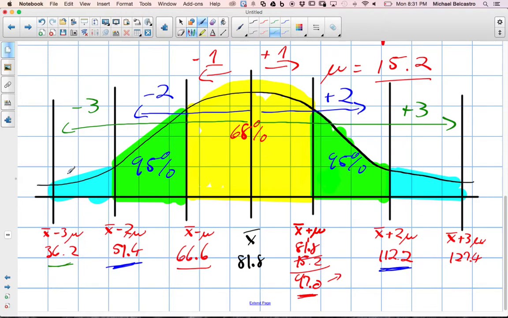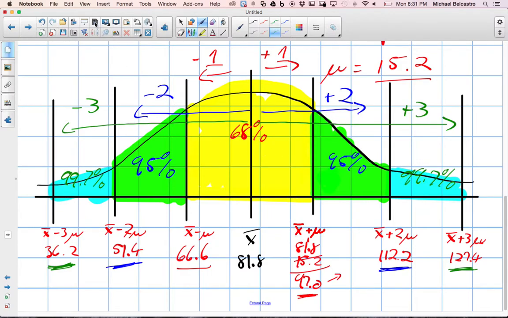This is saying that 99.7% of all your data, if it's normally distributed, so that's almost 100%, okay, should fall between 36.2 and 127. Well, we know the 127, and really what it means is there's almost going to be nobody under 36, okay? So that's how we kind of build our normal distribution curve from the info above.